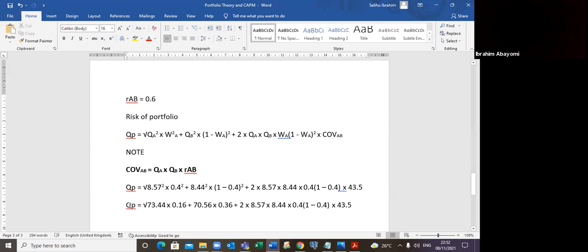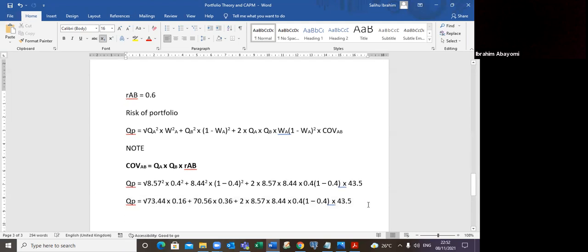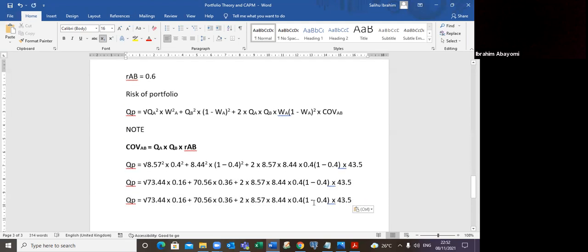I go to the next line and evaluate this further. 73.44 times 0.16 will give me 11.75.